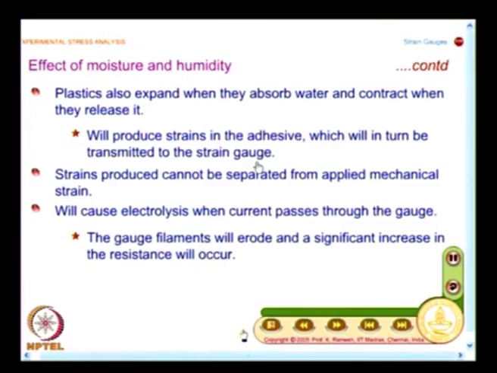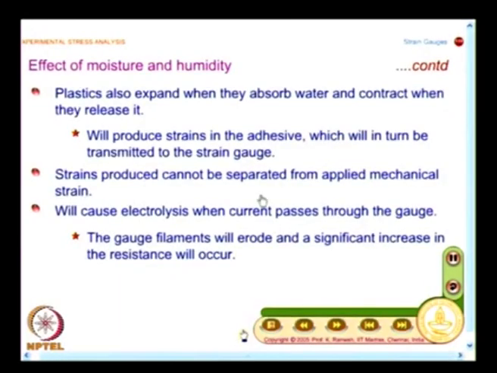And because it is a very complex effect, it cannot be subtracted by your temperature compensation methodology of putting two strain gauges on adjacent arms. It is not possible, it is interlinked, it is difficult to separate this effect. And also another thing which is very subtle. Now, I have the gauge alloy in a moisture environment.